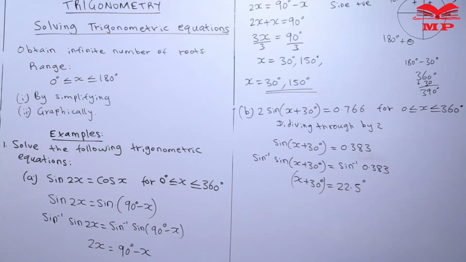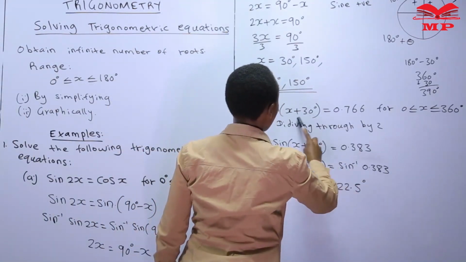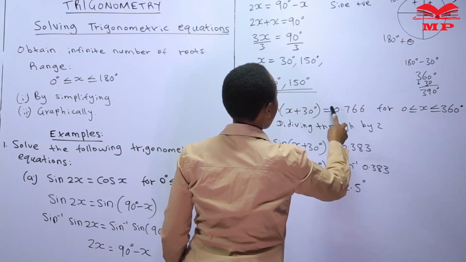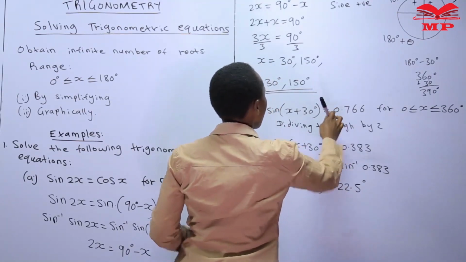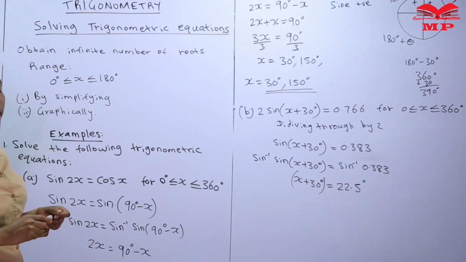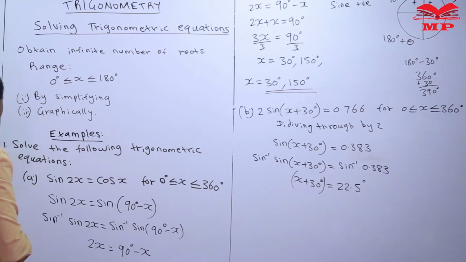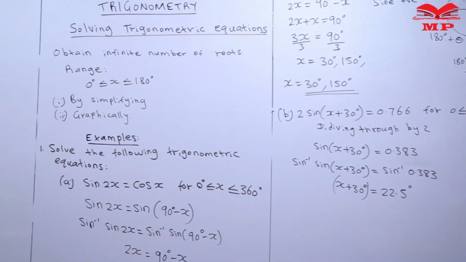As we can see again, our sine is positive, it's not negative. Therefore, in the unit circle again, we consider where sine is positive. We have our acute angle as 22.5 degrees.